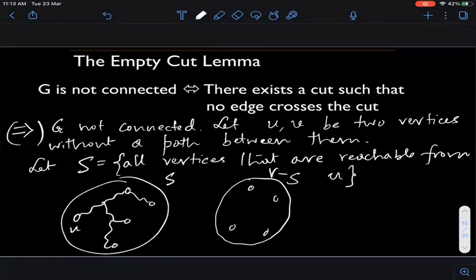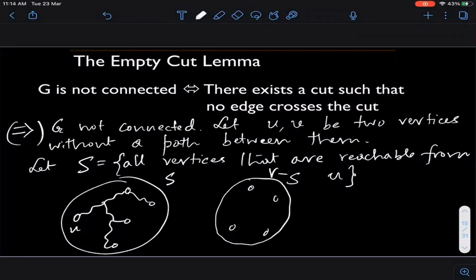I took this vertex U. I'm imagining all the vertices that are reachable from U, and I define my set as those set of vertices, and the rest I define as V minus S. Of course, the rest is the other side of the cut.